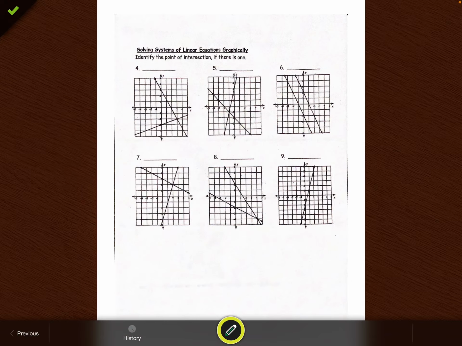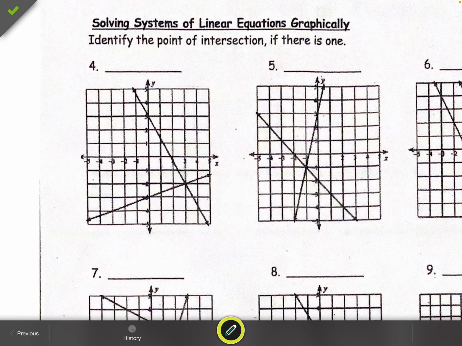All right, so the other thing they're going to do is give you pictures like this, and a lot of times they'll just ask, what's the solution? This says identify the point of intersection if there is one. But again, a lot of times they'll just say, what's the solution to this system of equations? Remember, you can have one solution if your lines intersect, and you write down that ordered pair.